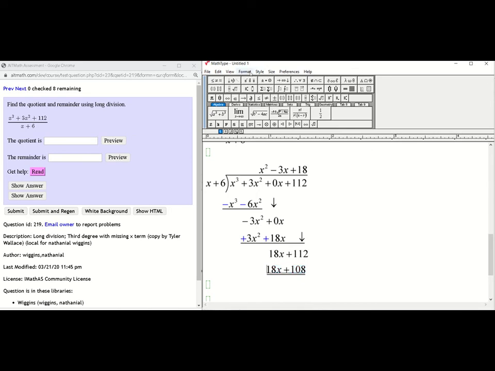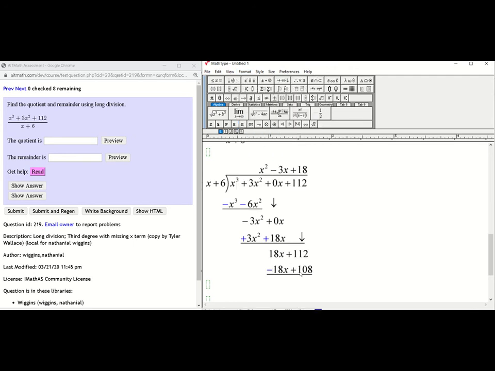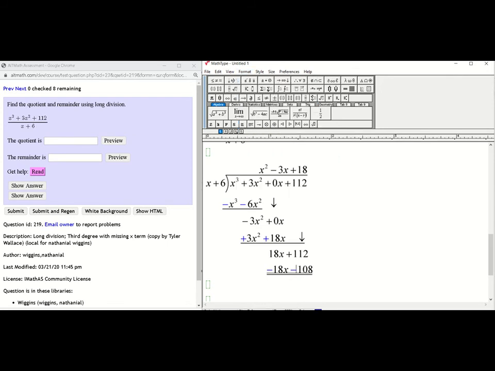So let's change our color. So this is going to be a negative. This one needs to be a negative. And as we add that together, that'll be a 0. This is going to be a 4, it looks like.